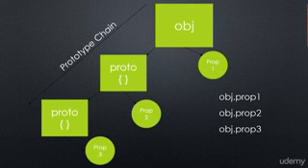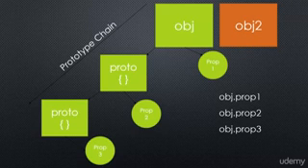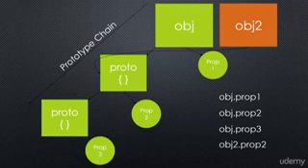This is prototypal inheritance. And interestingly, I could make another object, a separate object, and it could point to the same prototype as other objects do. So they can share properties and methods, and I could change the property or method or add a new property or method to the prototype, and every object that inherits from it, every object that points to it as its prototype, will instantly get access to it.